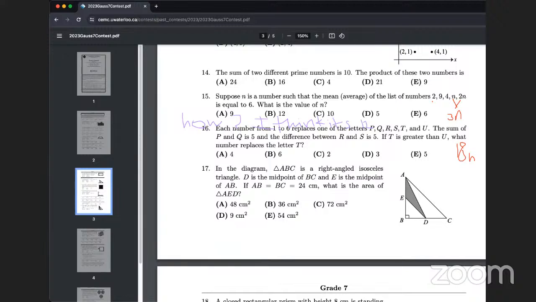You think it's 12n? Wait, you think all of these numbers together is 12?